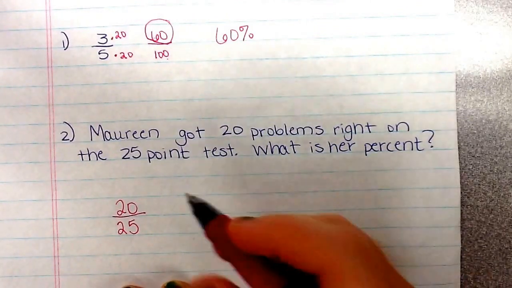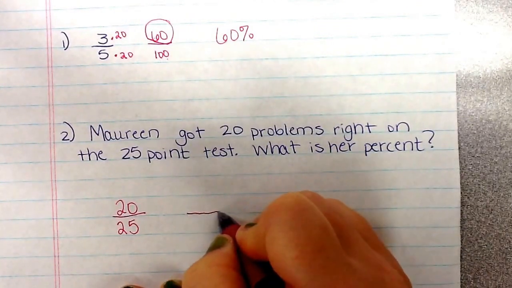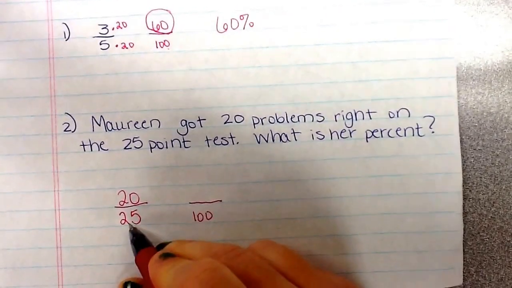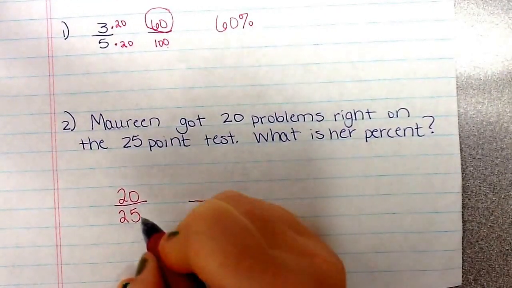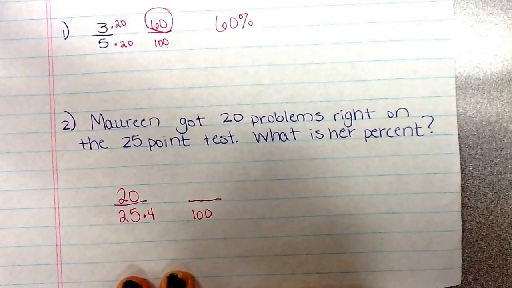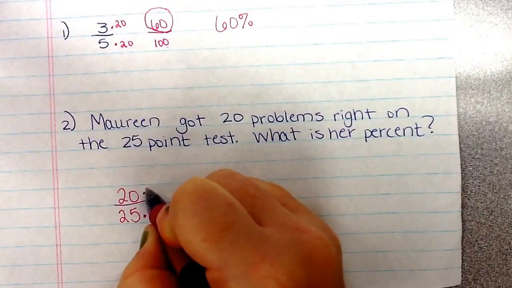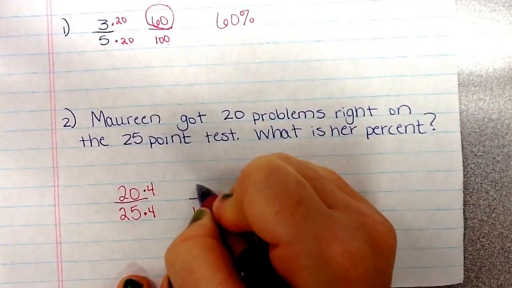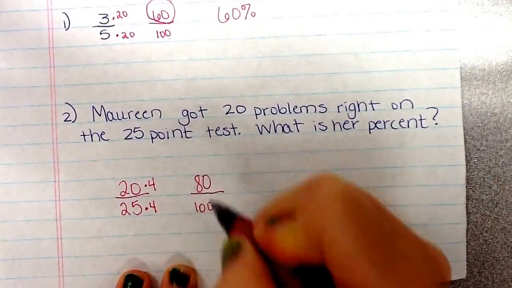Let's see how you did. A percent is a number over 100. How do you get 25 to 100? Times 4. What you do on bottom must do on top. 20 times 4 is 80.